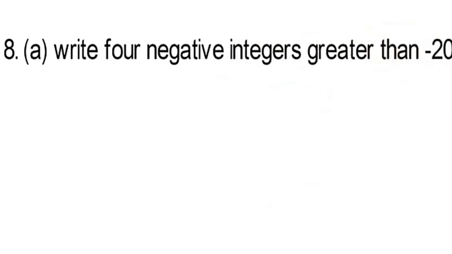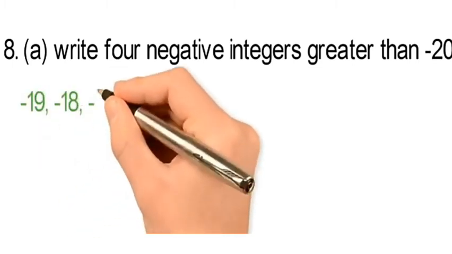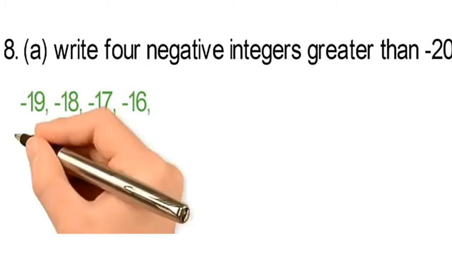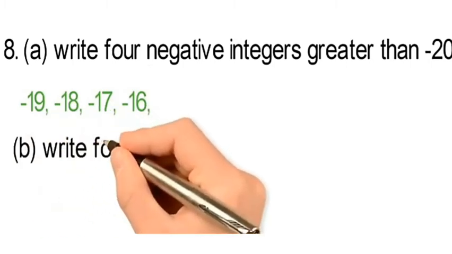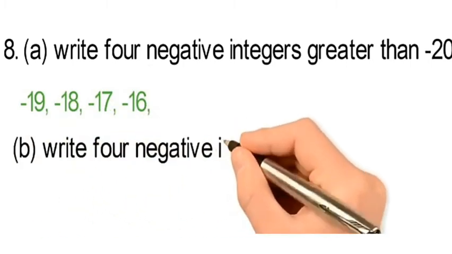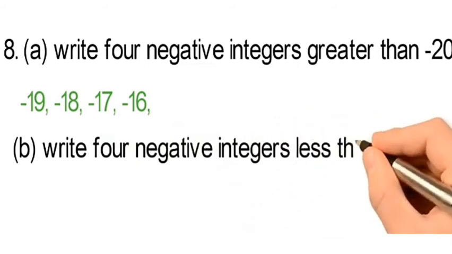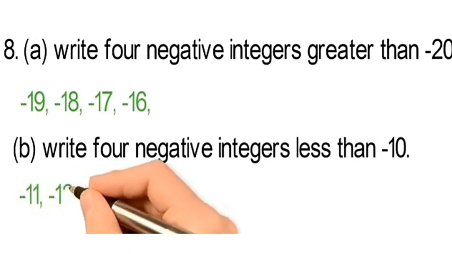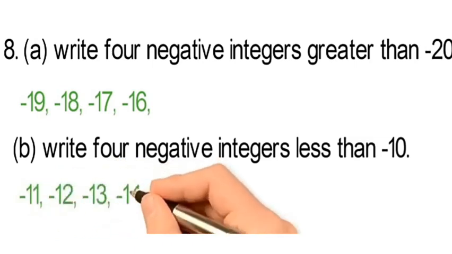They are -19, -18, -17 and -16. Question number B. Write 4 negative integers lesser than -10. Lesser than means they have to be to the left side. Which are they? -11, -12, -13 and -14.